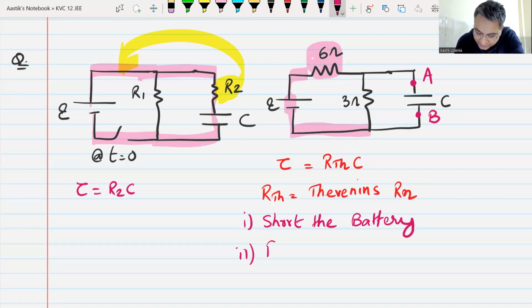Step number 2: find R equivalent between the plates of the capacitor. Battery has been shorted.